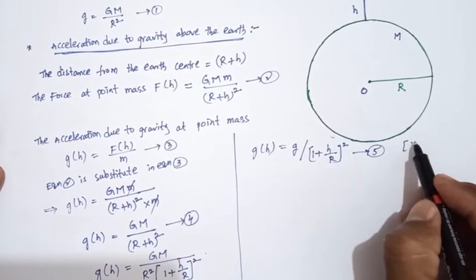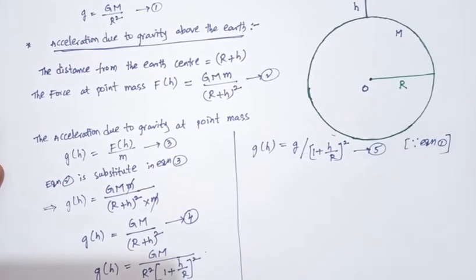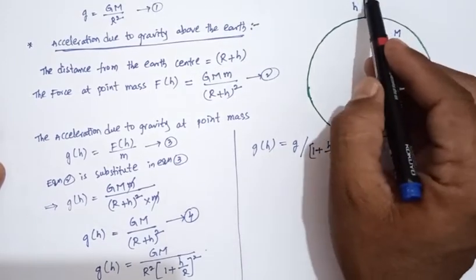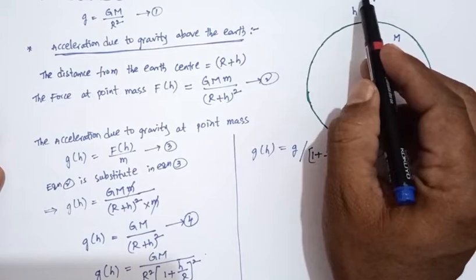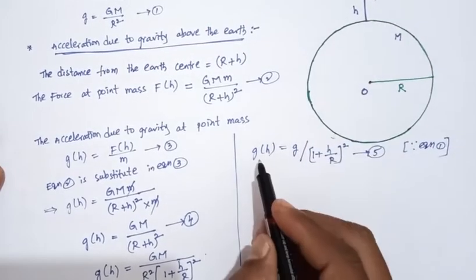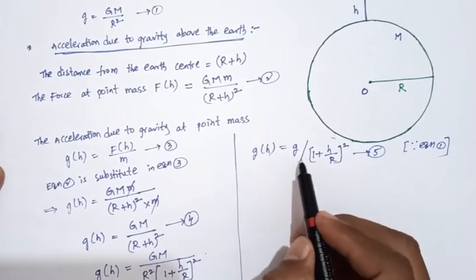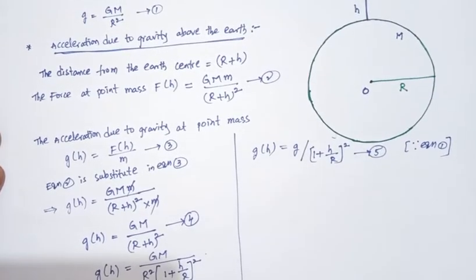Since you can write from equation number 1, g of h, at a certain height h from the earth surface, the acceleration due to gravity at the point mass, g of h equals g divided by 1 plus h by R whole square.